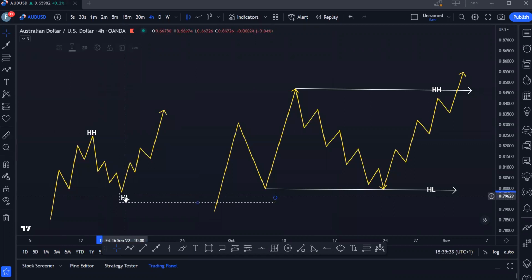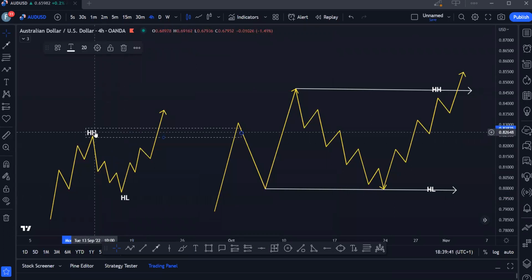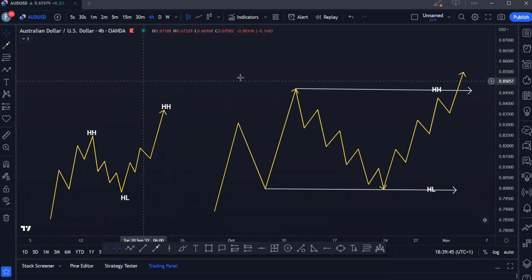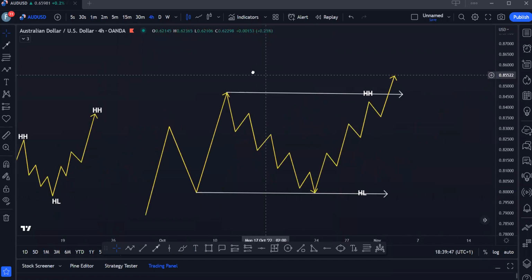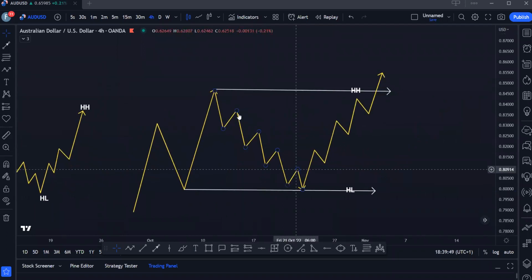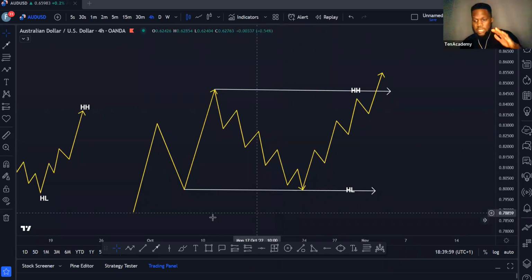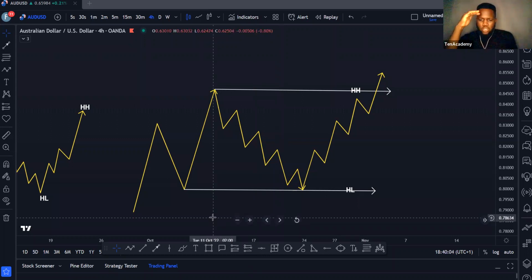This is a realistic way that price will present itself. This is a higher high. So the structure between higher high and higher low is minor structure. It is within your major structure that you're going to see minor structure.